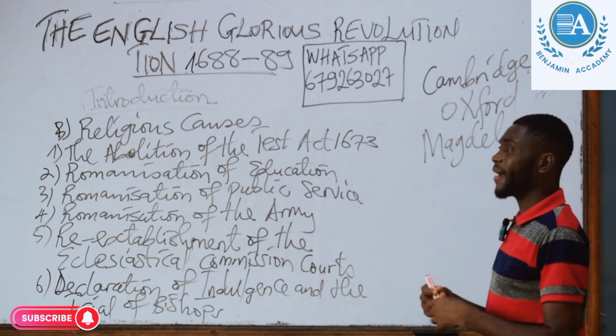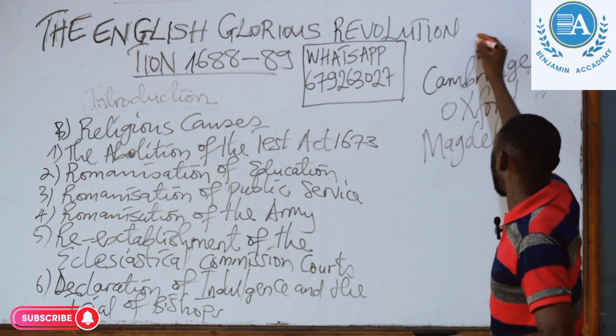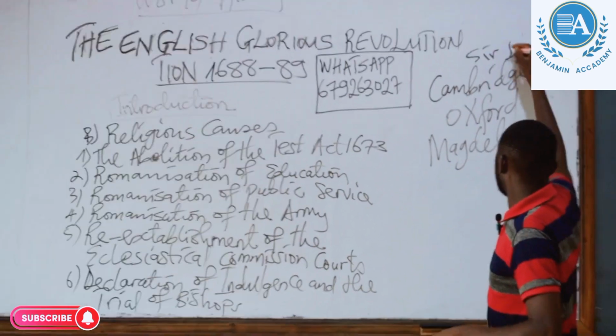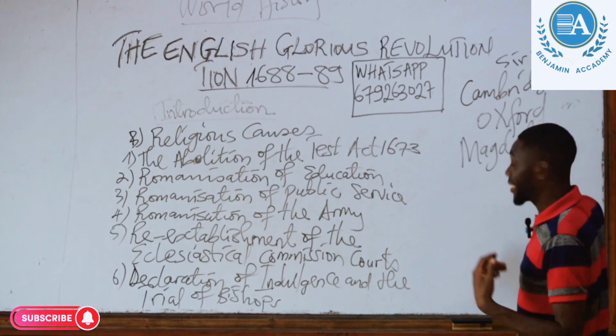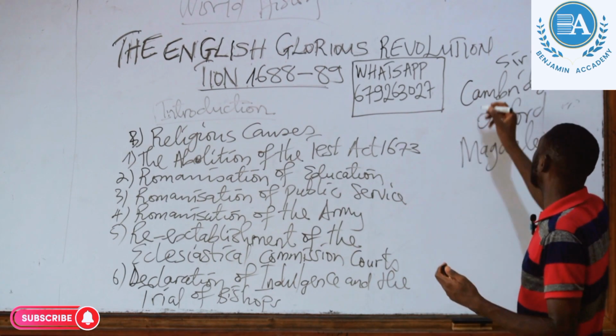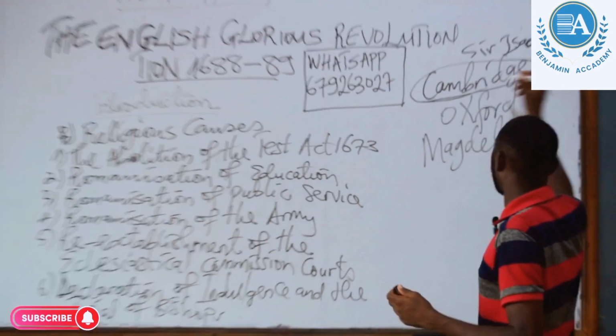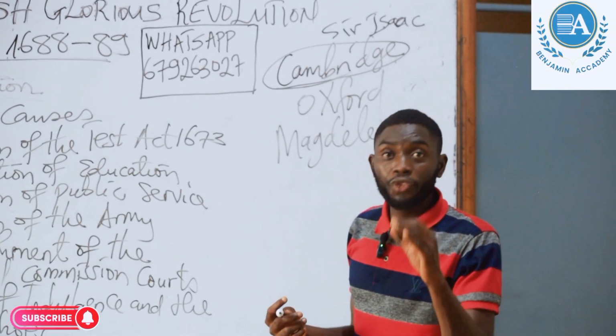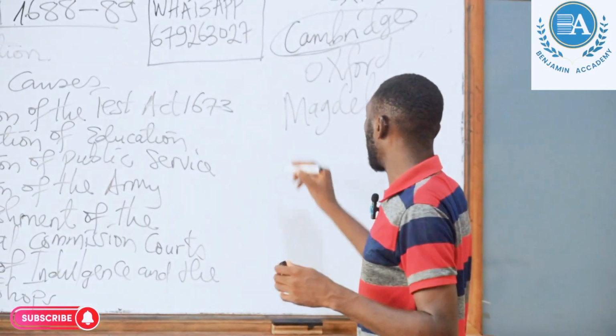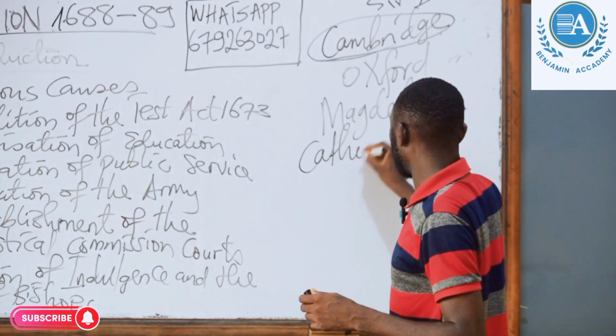James went as far as dismissing Sir Isaac Newton. Sir Isaac Newton was dismissed by James II as the rector of Cambridge University because he refused to matriculate a Catholic monk into a master's degree program.